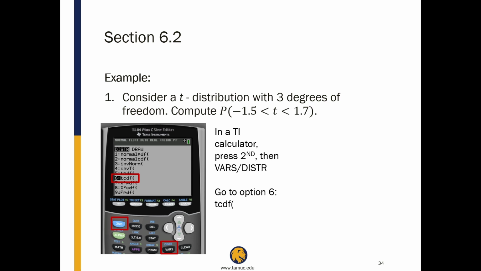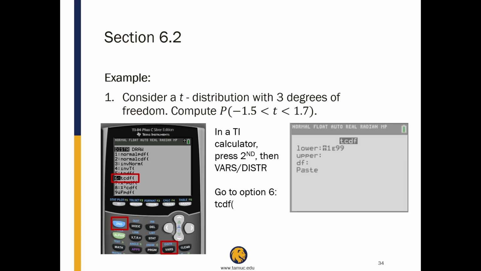The t is for the t-distribution, and CDF stands for the cumulative density function. It's terminology we haven't used here, but the density function we did mention a little bit before. We can use this to calculate the area under the t-distribution without having to look it up in a table.